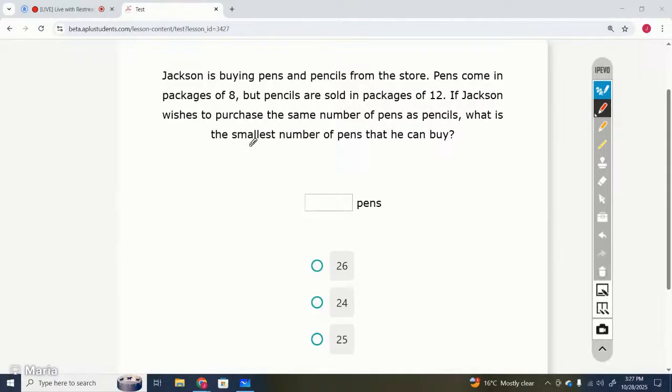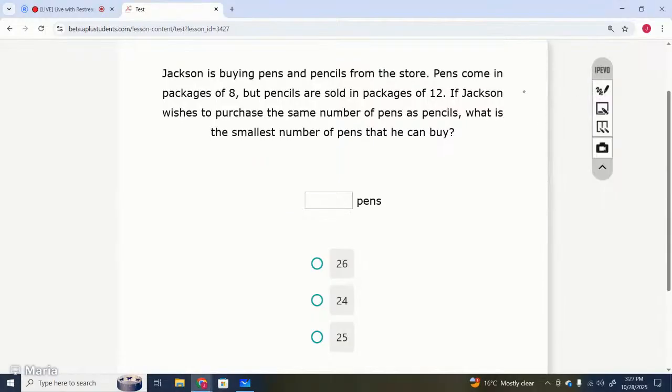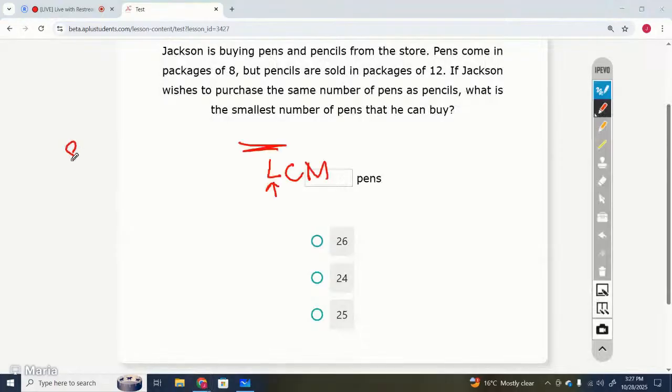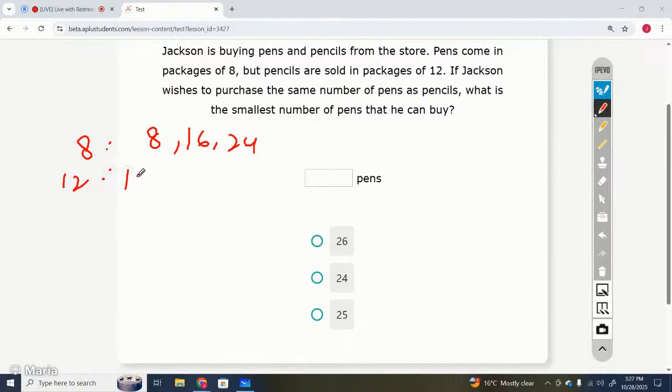So whenever you're going to calculate the smallest number, you need to calculate the least common multiple, because the smallest means the least number, right? So relate these numbers, that would be the least common multiple. So write down the multiples of 8 and the multiples of 12. The multiples of 8 are 8 times 1 is 8, 8 times 2 is 16, 8 times 3 is 24. 12 times 1 is 12, 12 times 2 is 24, 12 times 3 is 36.